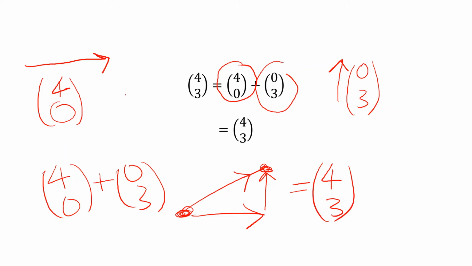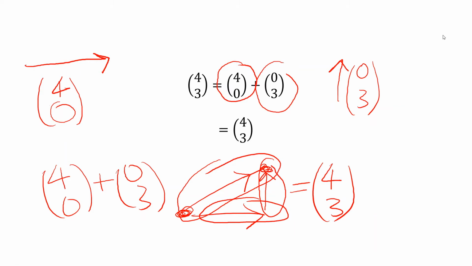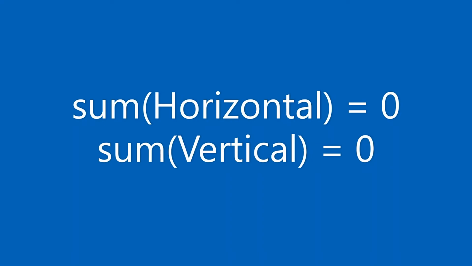And if you did it backwards, 4, 3 just means this component is equal to this component plus this component. Right, imagine if you have two forces, so you've got two tensions balancing out the weight.